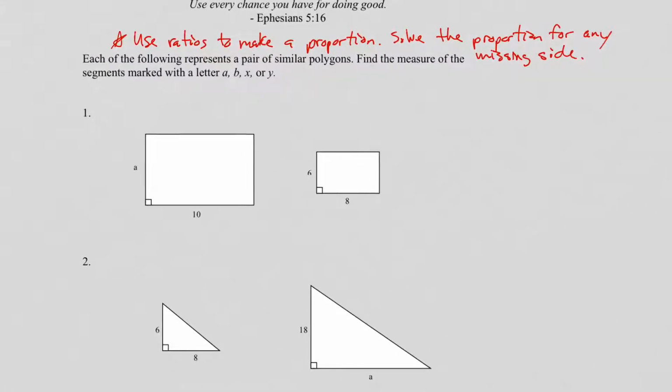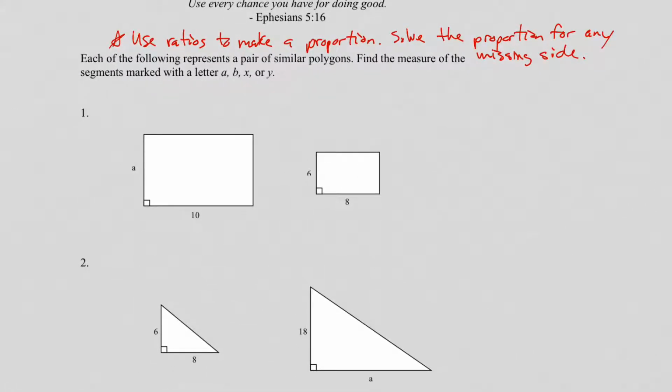Okay, so for example, we're missing A, so we can set up proportions. Now there's quite a few ways to do this, so I'm going to try to put it in perspective here. So we can kind of look at this as the left. This is the number on the left, just by looking at the diagram.